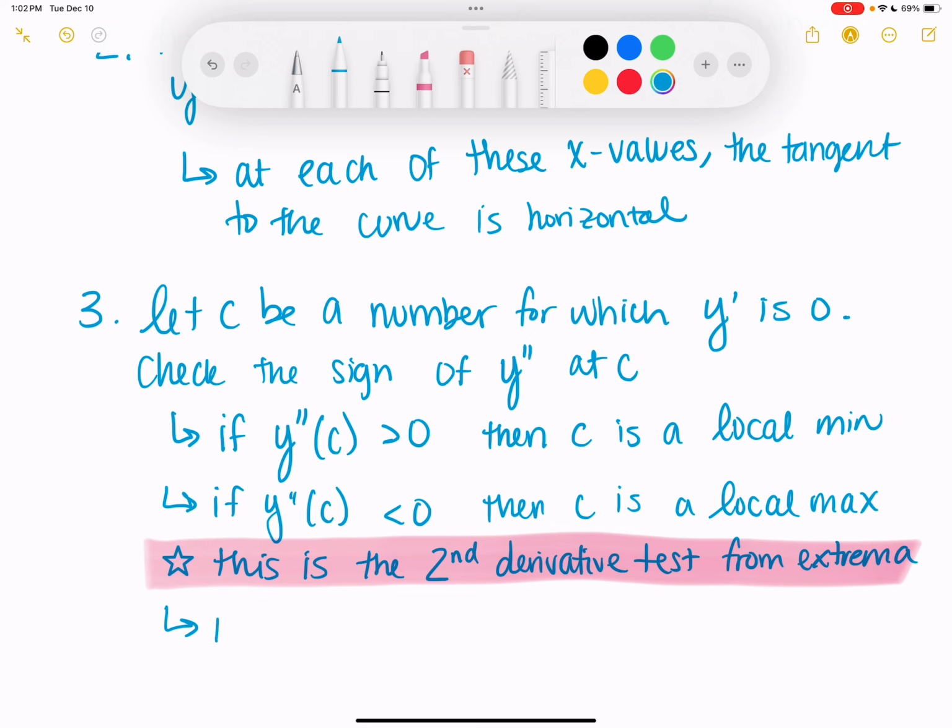All right. If y double prime of C is equal to 0, then that's a whole other fish to fry. The second derivative test fails.